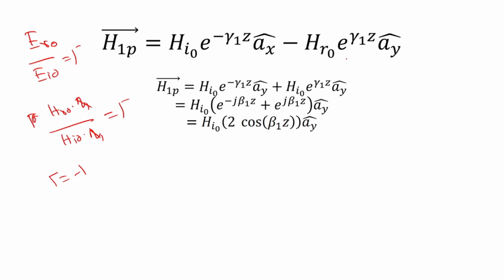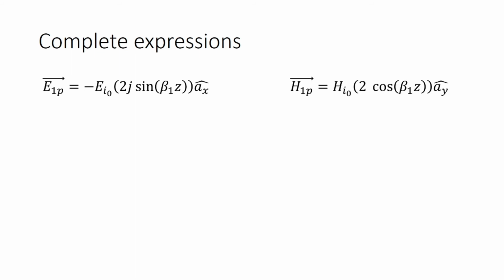Now that we have phasors, let us try to determine the time variant versions. Because you know, time variant versions can be obtained by taking the real part of the phasor multiplied by exponential of j omega t. The phasor of electric field intensity inside medium 1 is minus ei naught 2j sin beta 1z along the direction of ax cap.